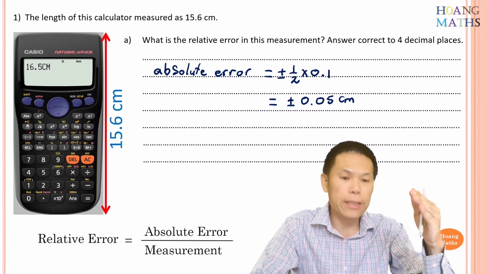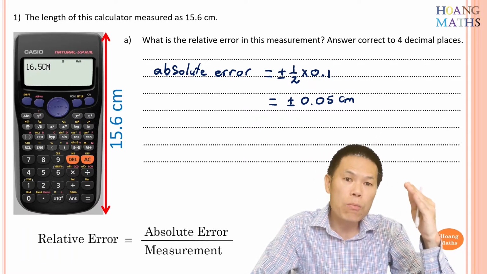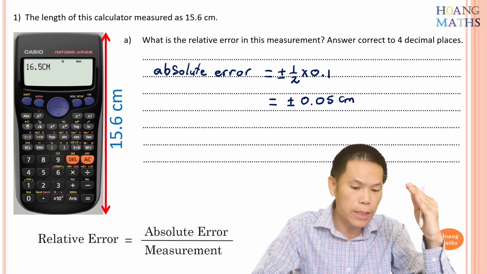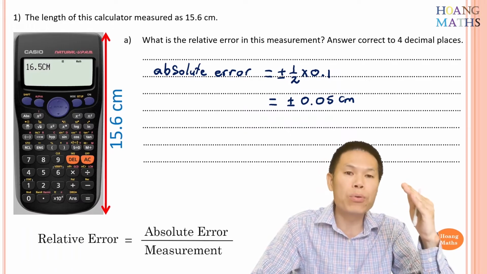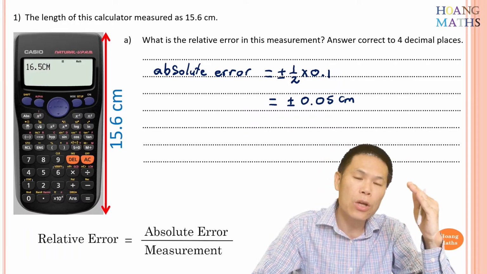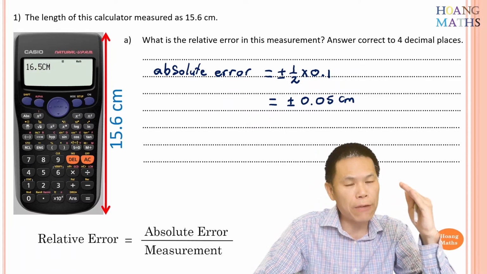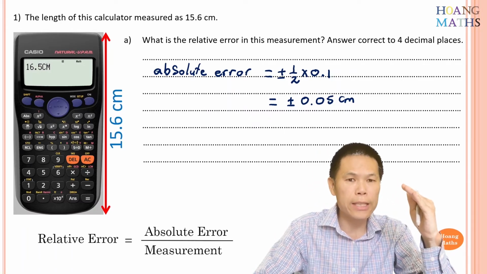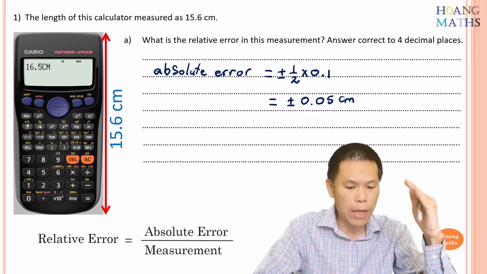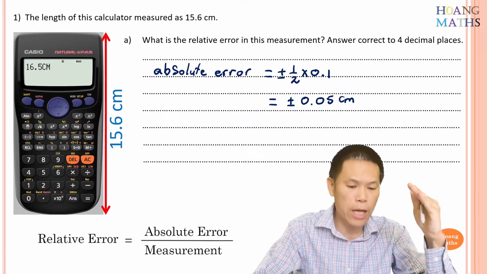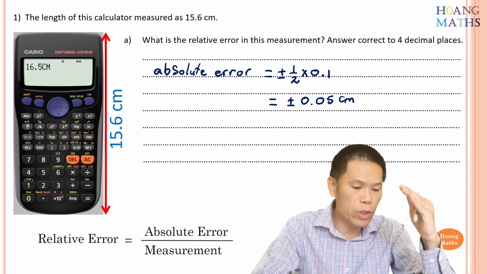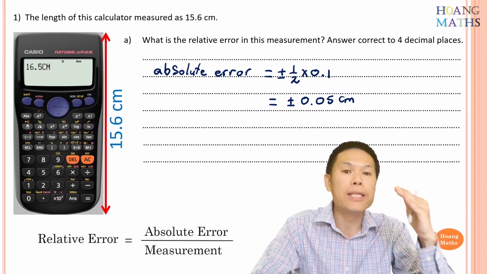This means that the error could go to a maximum, the upper limit, of 15.65 centimeters, or the lower limit of 15.55 centimeters. But at the moment, we just need to work out the absolute error, which is 0.05 centimeters.